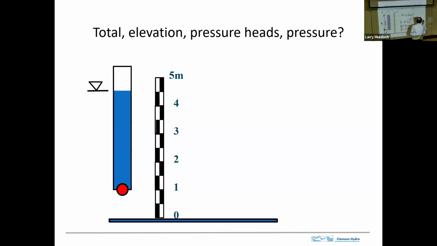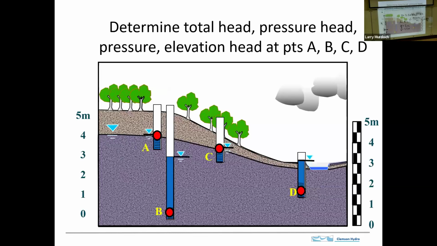So that's going to be around 10 kilopascals per meter. So this is going to be around 35 kilopascals pressure. Okay. All right. So that's all good, but we could also then apply this to the field.